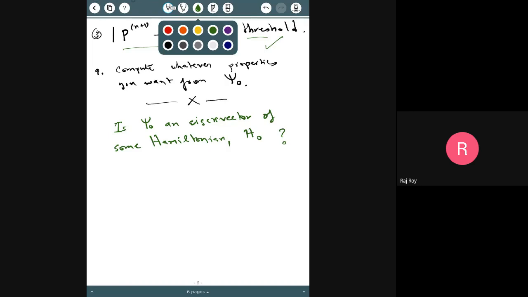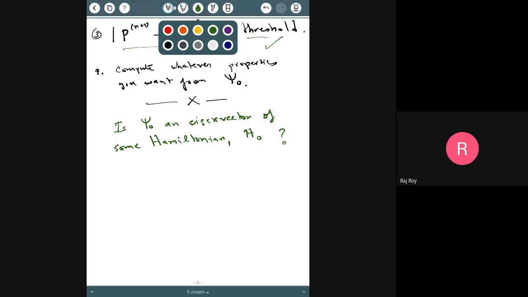Can you guess which one? Ma'am, the Fock matrix is there now. If you sum over the Fock matrices, then psi 0 will be an eigenvector of that Hamiltonian. Yes, perfect. That is the correct answer.